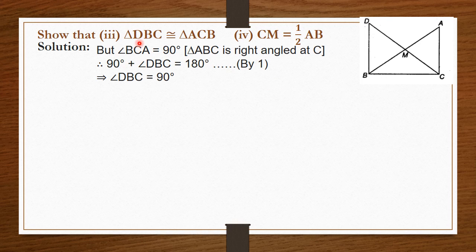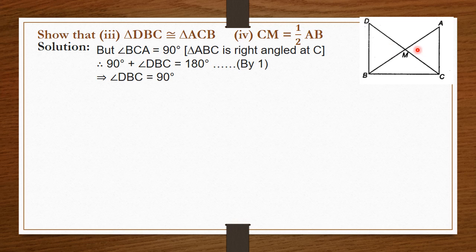Next, we have to prove that triangle DBC is congruent to triangle ACB. So DBC will be this triangle and ACB will be this triangle. We have already seen these two angles are 90, right? And BC is a common side. Now we have also proven that these two triangles AMC and DMB are congruent to each other.